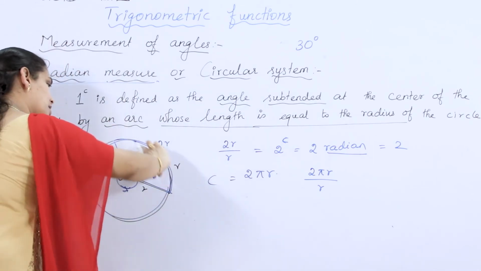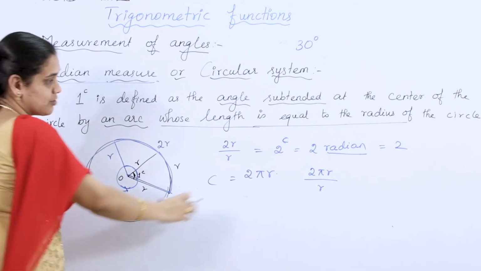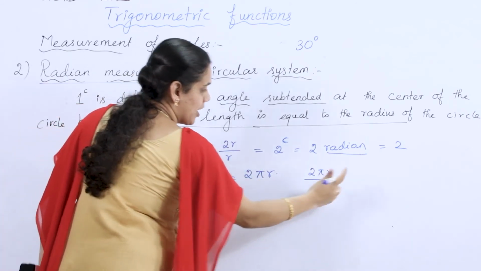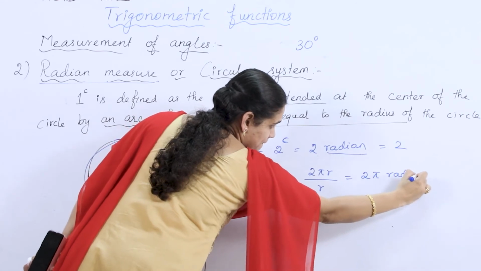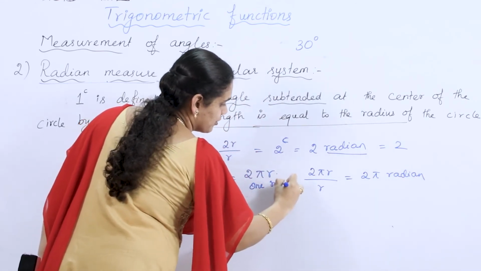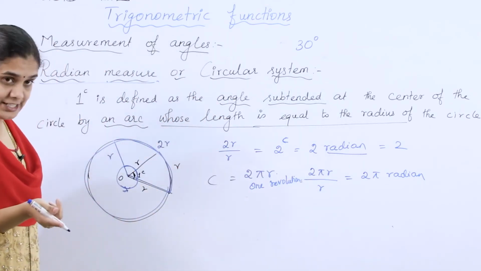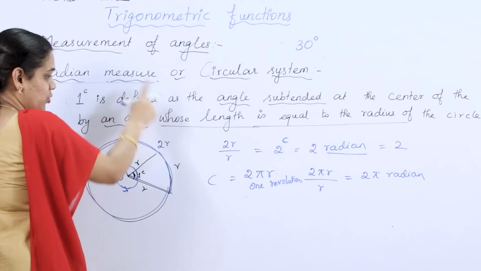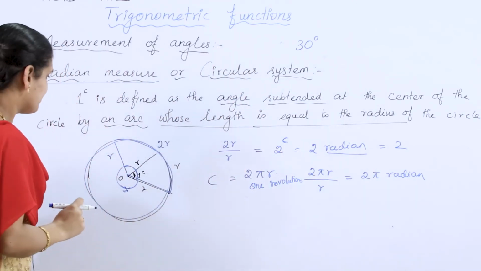We take r. So we have to find out how many pieces are there, isn't it? So 2 pi r by r gives us 2 pi radian. So this is for one complete revolution. So in degree measure, one revolution is equal to 360 degree, but in radian measure, one revolution is equal to 2 pi radian. Alright, okay.